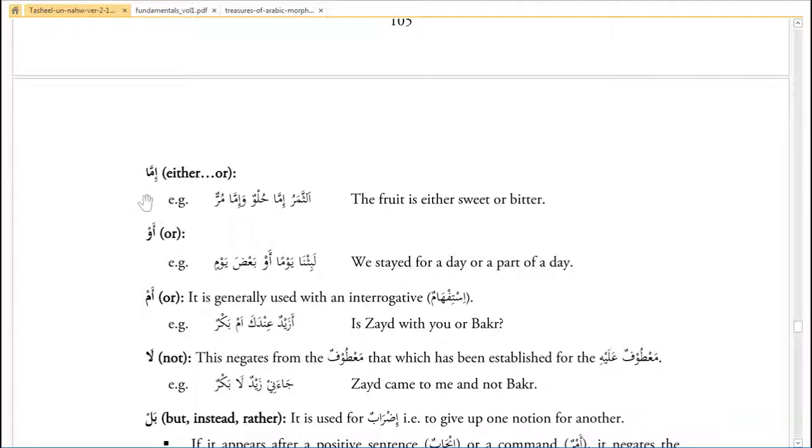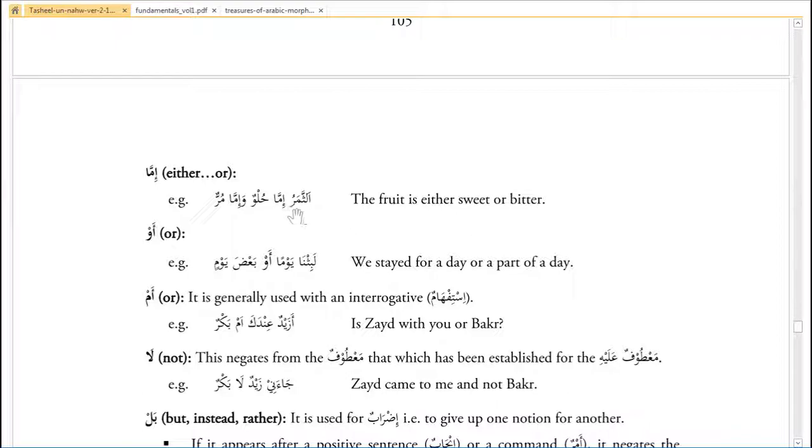And another one is imma, is either or. Imma can be used for either or. For example, الثمر إما حلو وإما مر. الثمر, the fruit, إما is either حلو, sweet, وإما مر, or bitter. وإما can be used for and or it can be used just for or.